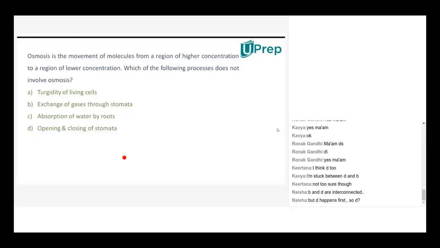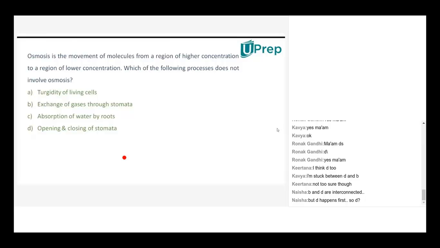Stomata closing and opening happens because of osmosis only. That's correct. But exchange of gases through stomata will not occur by osmosis. Clear about that point? The question is, which of the following processes does not involve osmosis?